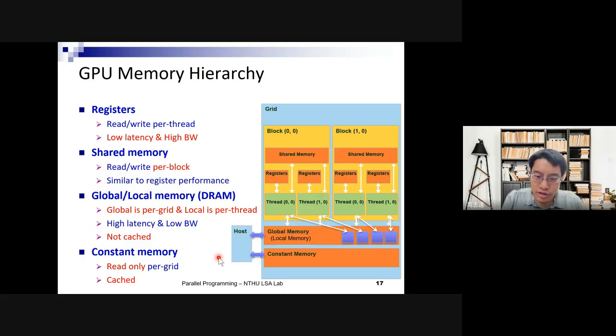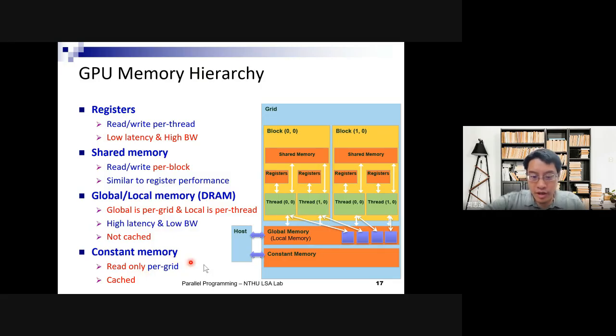After you access it from the GPU core, it will be cached on the on-chip memory space. It doesn't show in this figure yet, but later on we'll indicate it on the later slides. So the constant memory can be cached to the on-chip memory, so it will be faster if you reuse the data from constant memory.